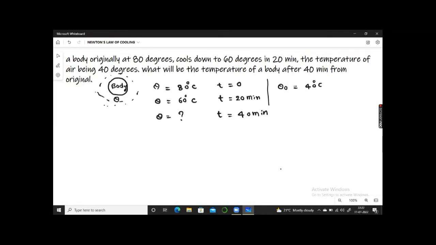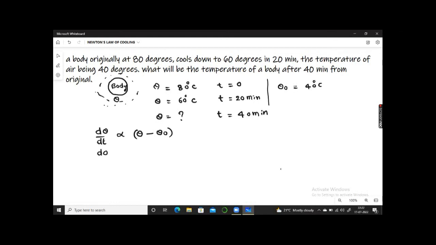So how is it? We use the basic concept, the theory concept we have seen. The rate of change of temperature of an object is directly proportional to the difference between object temperature and ambient temperature.